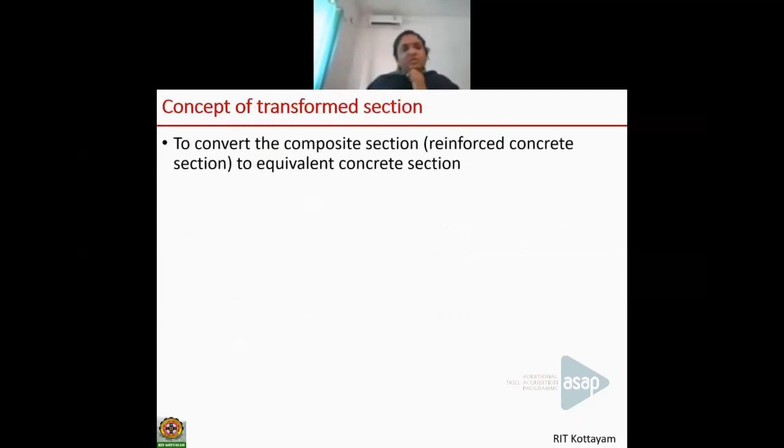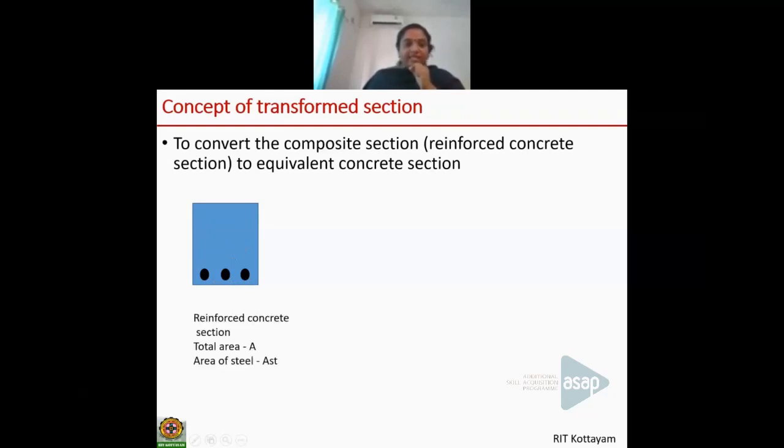Now, why we use this modular ratio concept is that we consider reinforced concrete as a composite material in the working stress method of design. Concrete is one material, steel is another material, but we will convert the section into an equivalent section. For example, the blue portion is the concrete and the black portions are the steel.